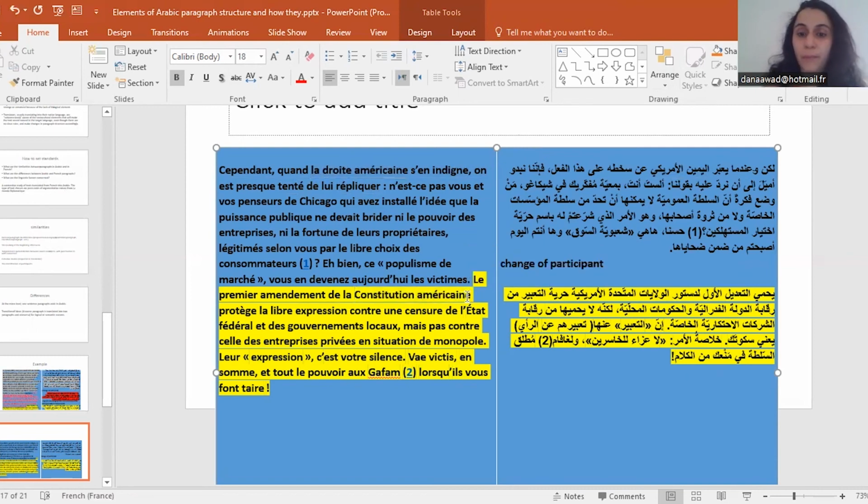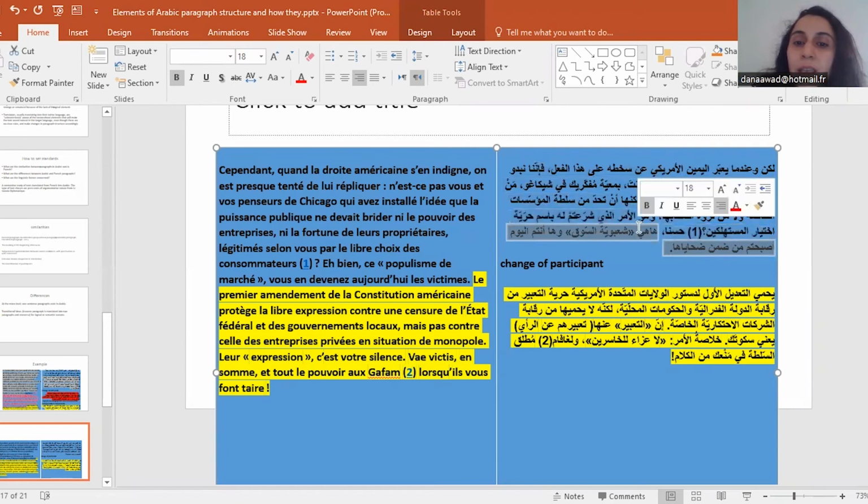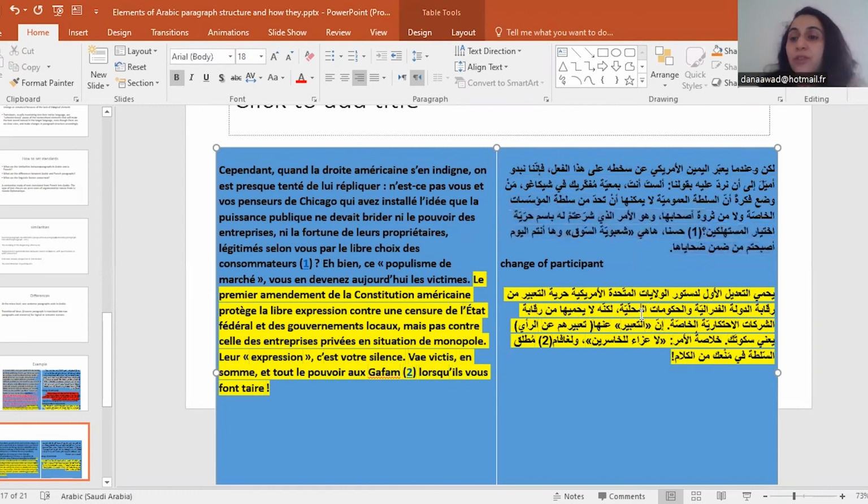Because there was this change of participant, or the involvement of the Constitution, and also a change in the way of speech. So as we see here, they talk in the second person, so the verbs are in the second person, and then we talk about an official reference, which is the American Constitution.